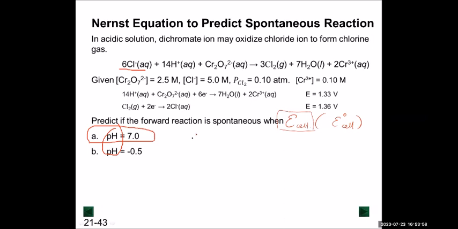So when you solve this problem, you need to find the standard cell potential first. This is the first step. So that means you start from this reaction, you need to break down as 2 half reactions. And with 2 half reactions, you will know which one is reduction half and what's the oxidation half by observing the change in oxidation numbers.